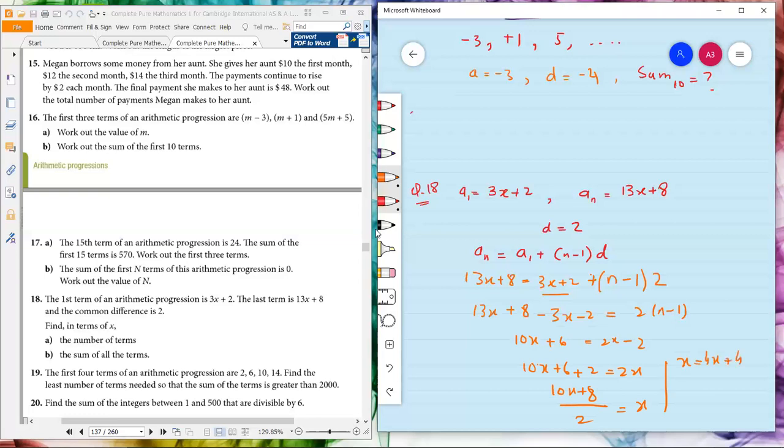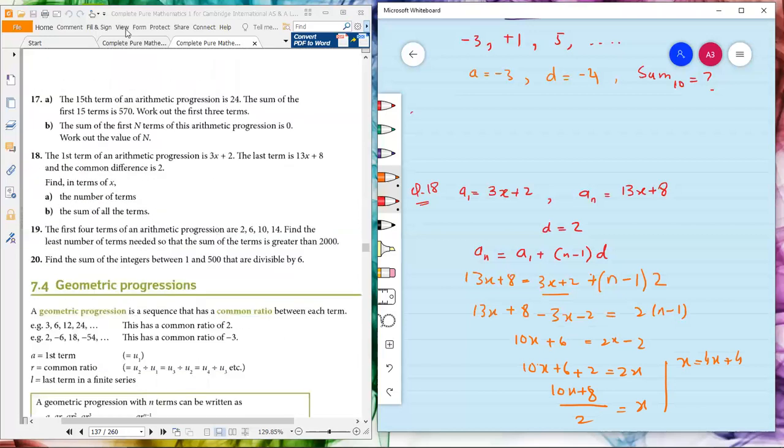This is your final answer. And the sum of all terms I can find because I have the first term, the last term, and the difference.